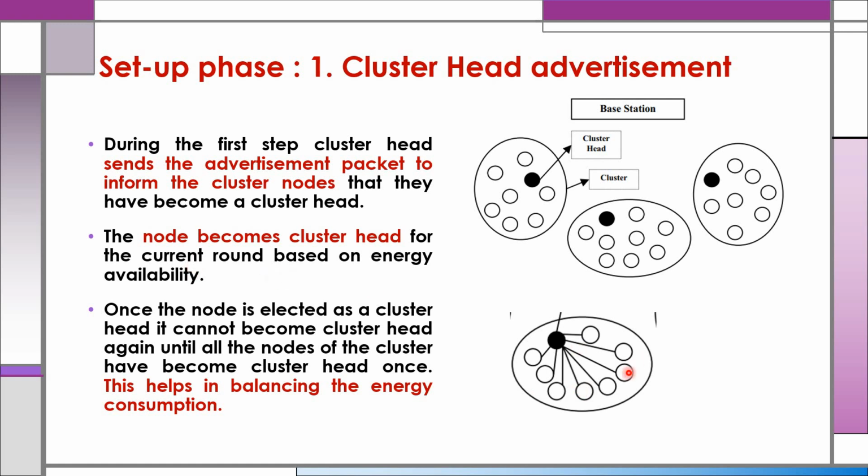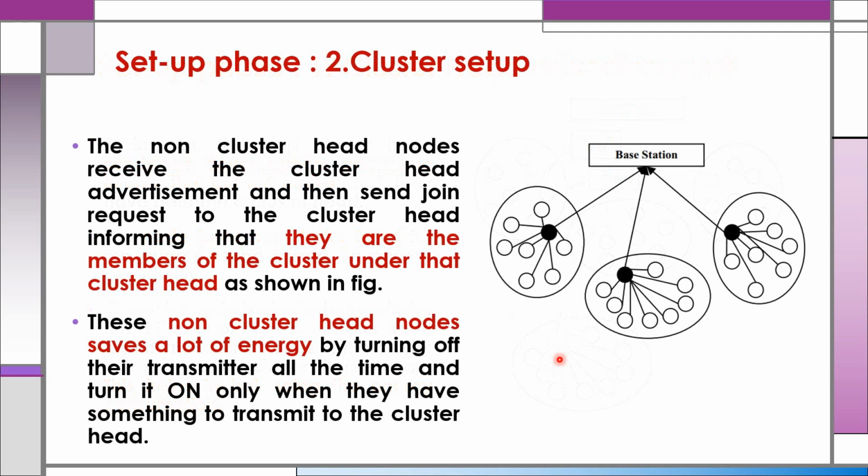That particular selection will be based on the energy available in the member nodes. This is used to extend the lifetime of the entire network. That means instead of draining the energy of one specific node, we are circulating the cluster head responsibility to the member nodes also. That's why the lifetime of the entire network will increase by using this particular LEACH protocol.